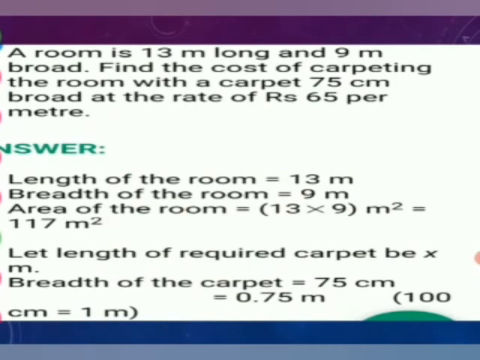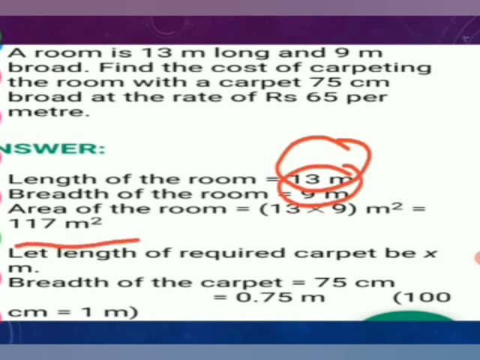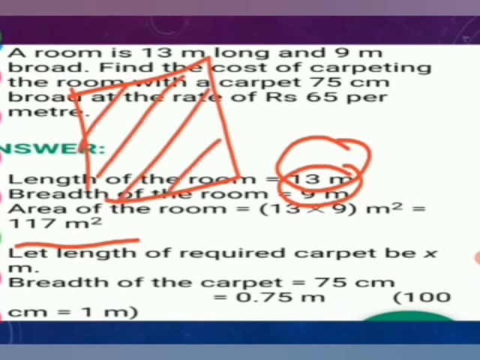So first of all we will calculate the area of the room. The length of the room is 13 meters and the width of the room is 9 meters. So the area of the room will be 117 meters square. Now this is the area of the room which has to be covered by the carpet.